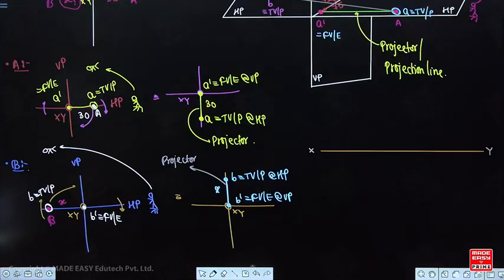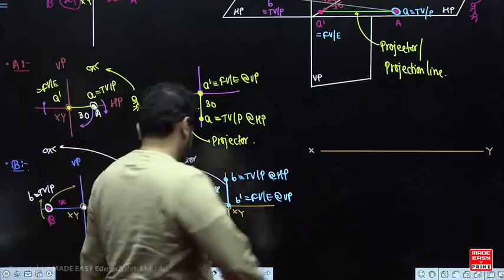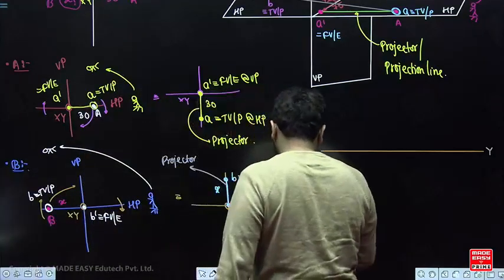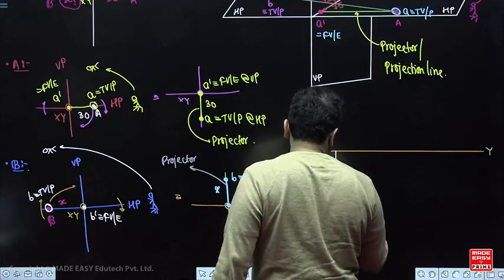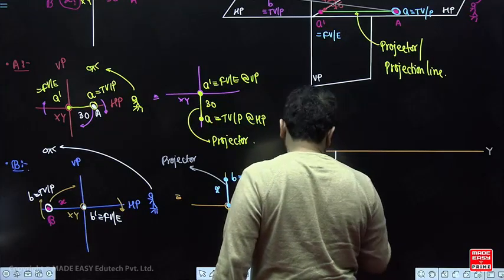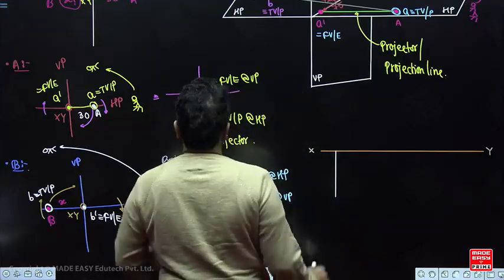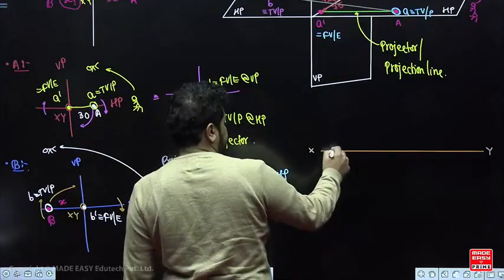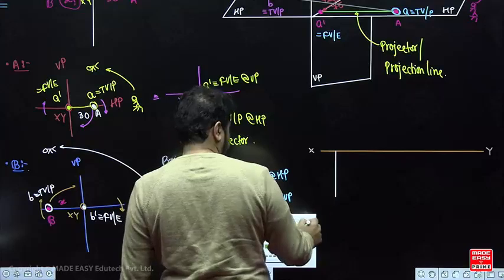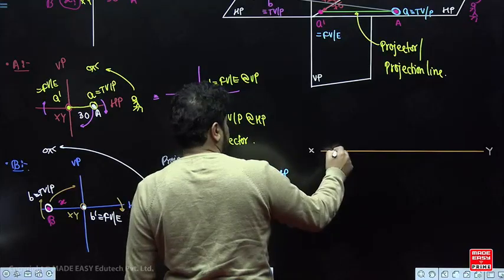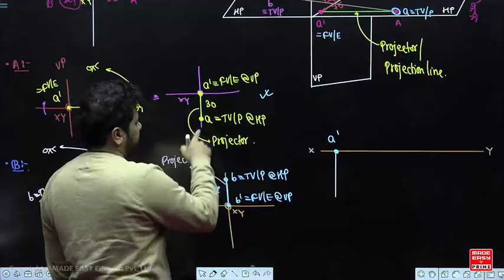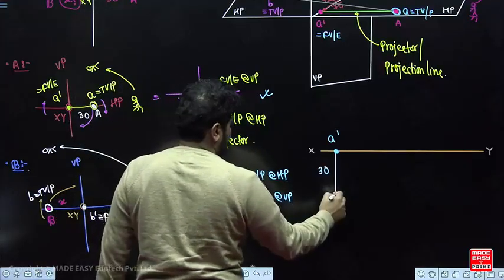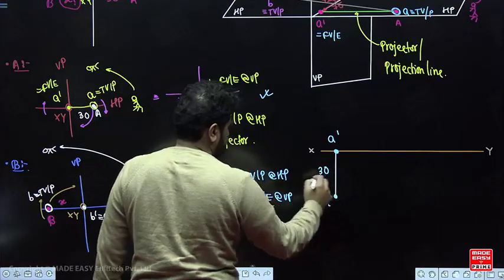Okay. So now see what it is saying, see very carefully here. If I talk about A, you can see that this A dash is on xy line, and this is 30 and this is A, isn't it?